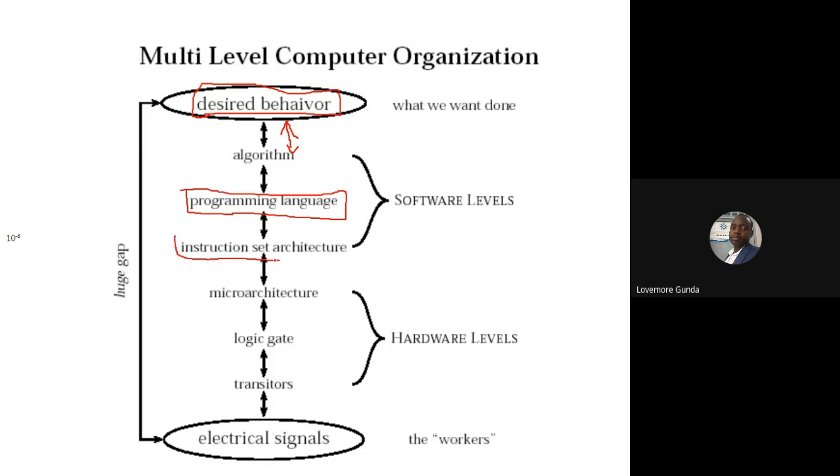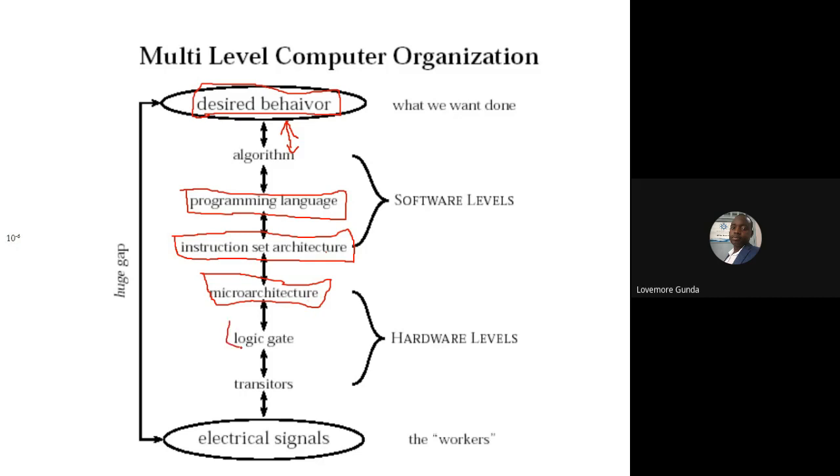Then the programming language will also go down to the instruction set architecture, whereby whatever you've written is now taken back and then represented as something that is close to the machine. Then you have what is called the microarchitecture, right? In other words, we are now dealing with how those instructions will activate the hardware.